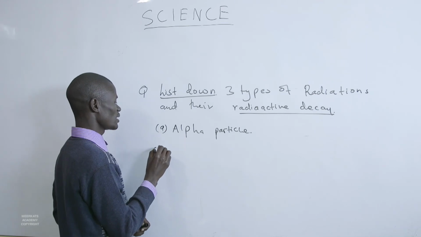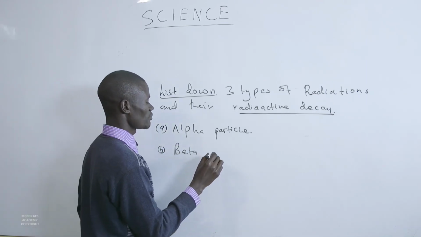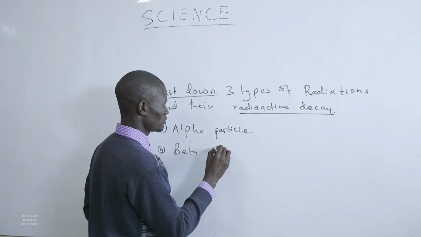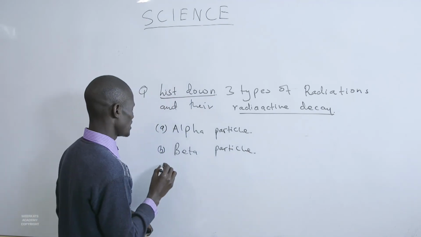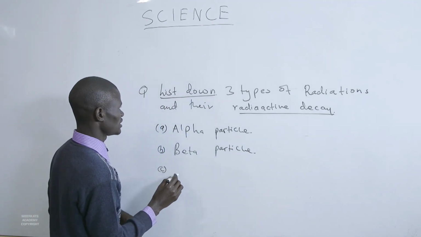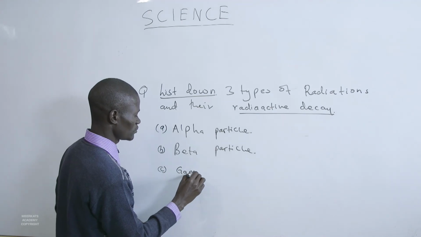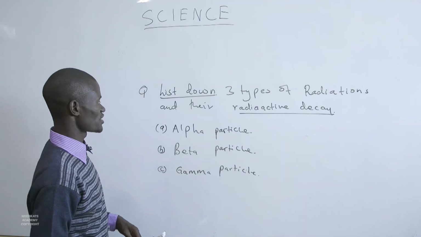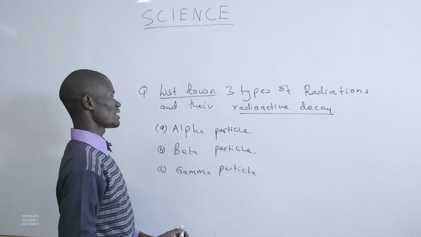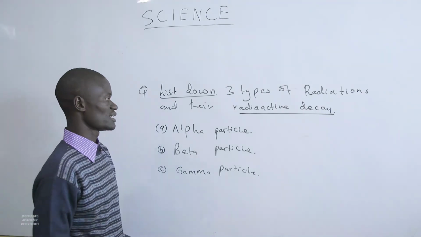The second one gives us the beta particle, from beta radiation. And the third one is the gamma particle. These are the types of radiation, or we can just call them alpha radiation, beta radiation, and gamma radiation.